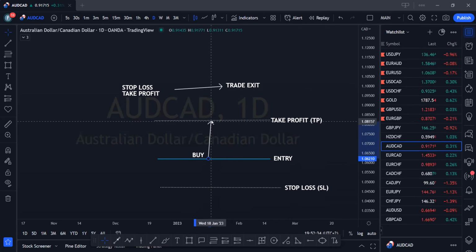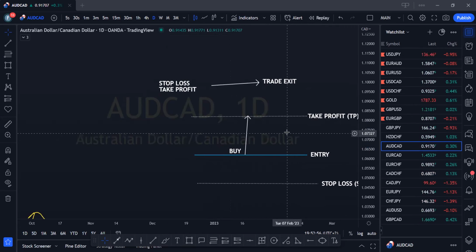Price is going your way, is going your direction. Whenever price hits this price, immediately MT5 is going to close that trade in a profit. All right, and that happens even if you are not on your MT5 or you are not even online, right? So stop loss and take profit are very, very important when we are taking entry.